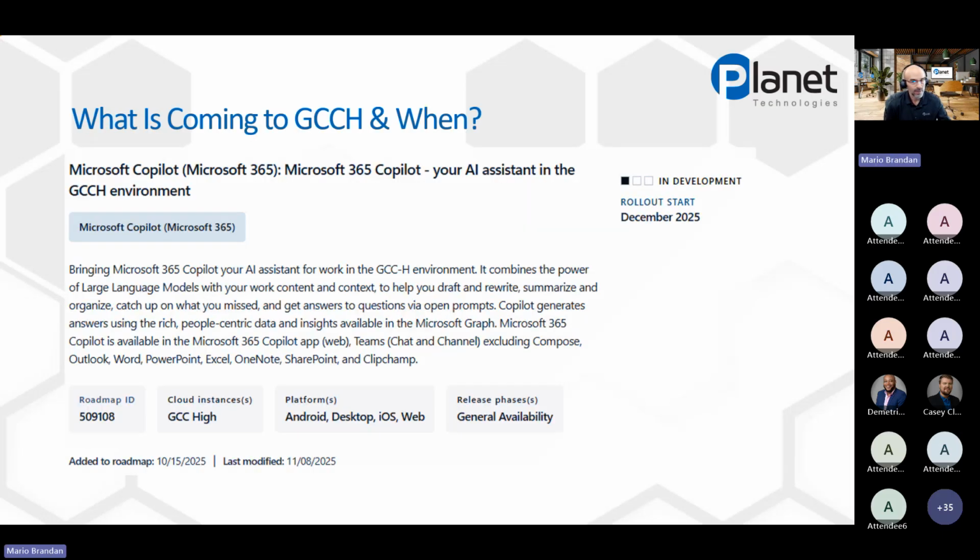So, not to bury the lead, what is coming to GCC? It is Microsoft 365 Copilot. Here, I'll take a second to talk about the branding, because there are many Copilot branded services, applications, and features and integrations throughout the Microsoft 365 suite.